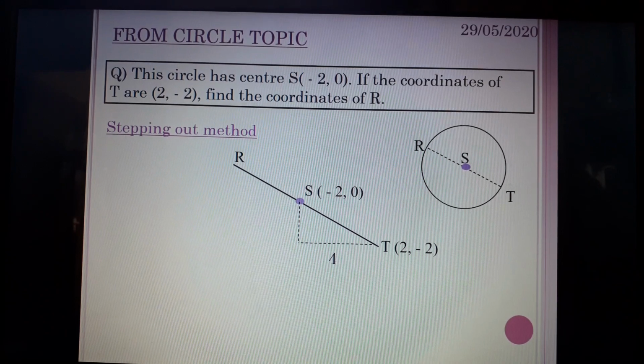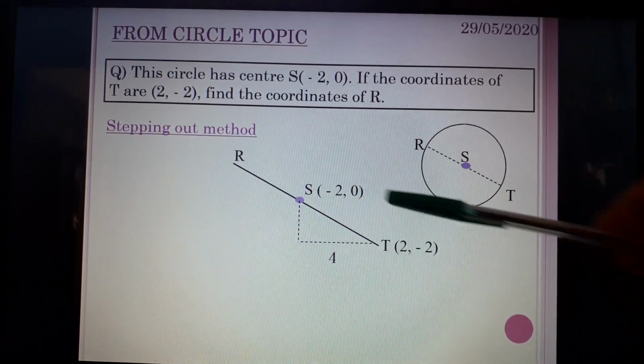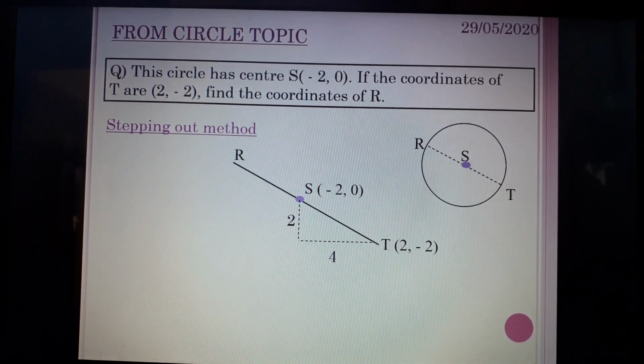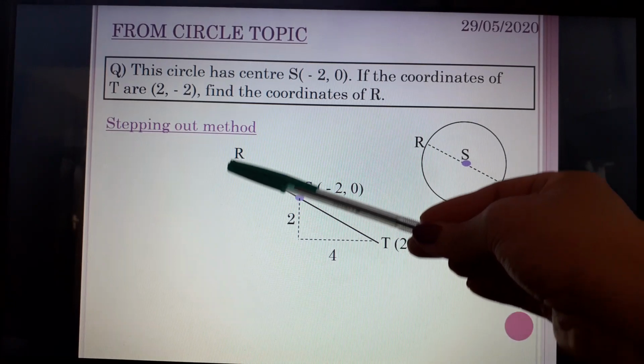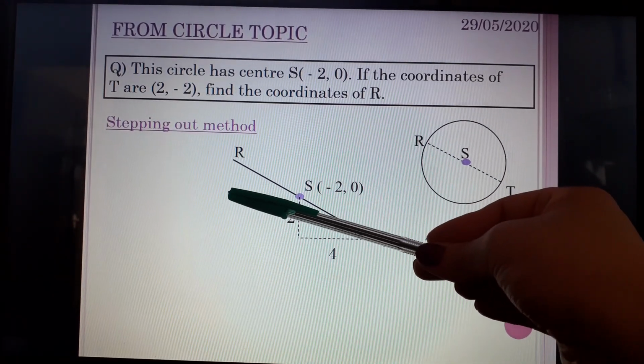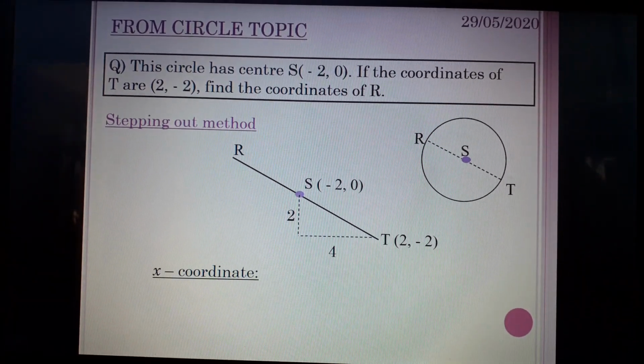And if we look at our two y values, from here to here, we can see that there's a gap of 2 along the y-axis. So exactly the same pattern will occur to go from there to there. So along the x numbers, you'll go back a further 4 and you'll go up a further 2.